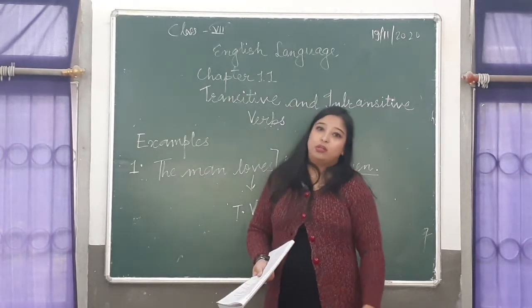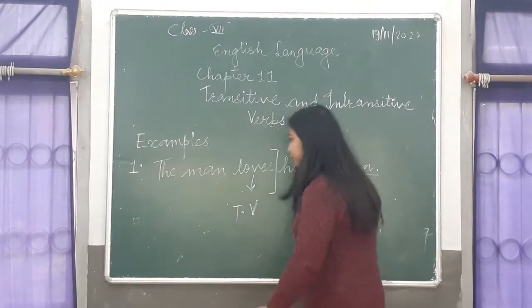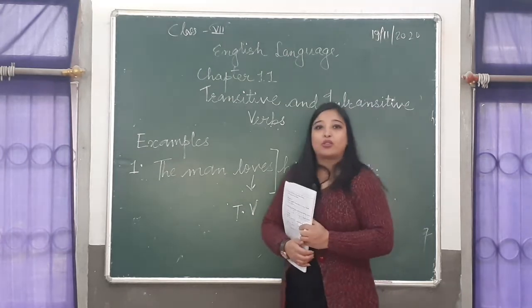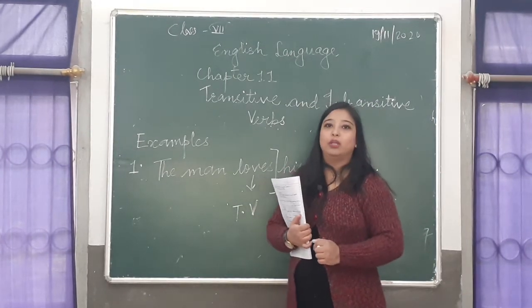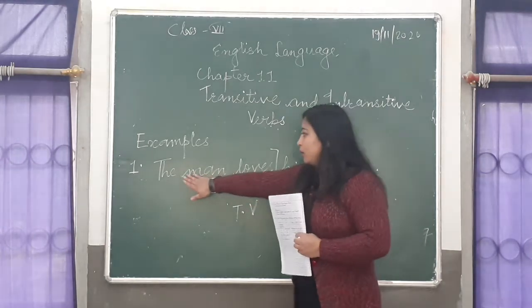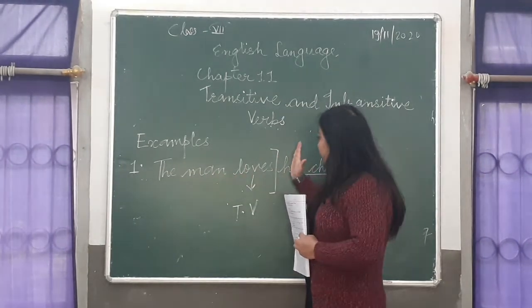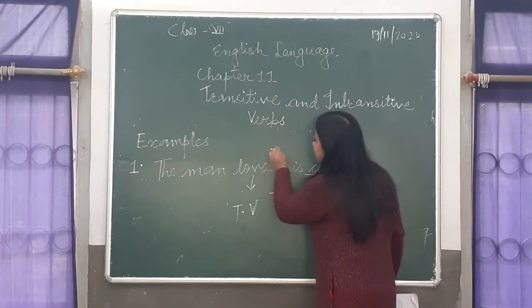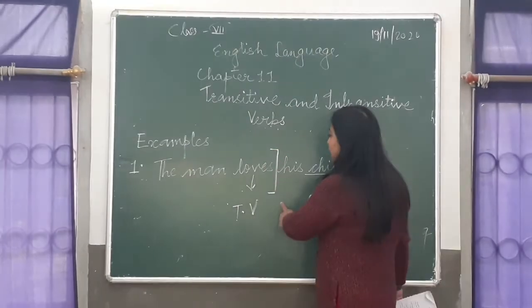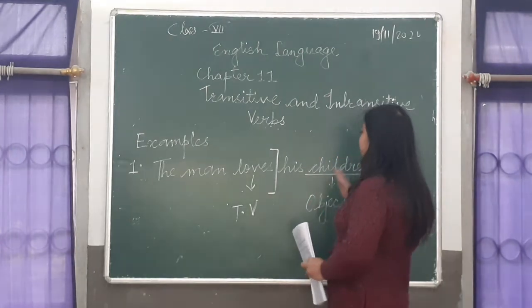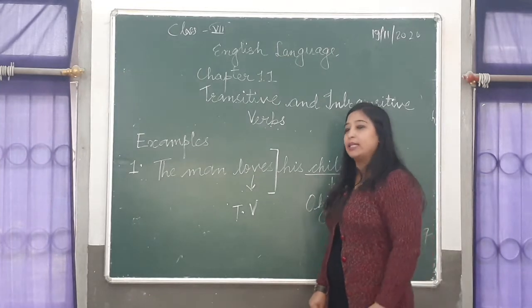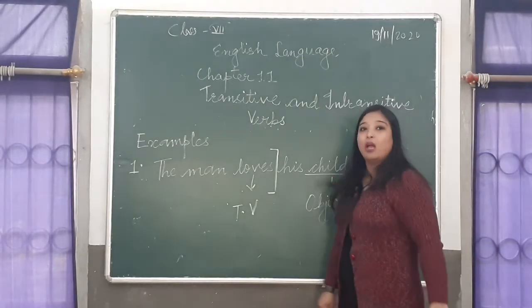His children. If you see only the man loves, the meaning becomes incomplete, isn't it? So it needs an object, his children, to understand the complete meaning of the sentence.